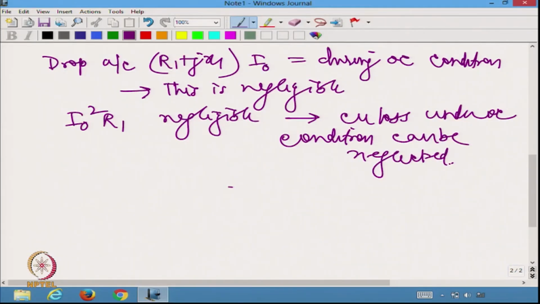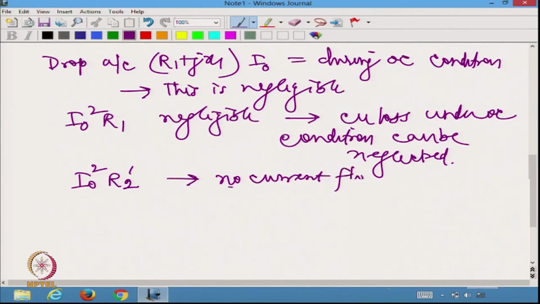Whereas, if I look at I naught square multiplied by R2 or R2 dash, no current flows through R2, because the secondary is open circuited.